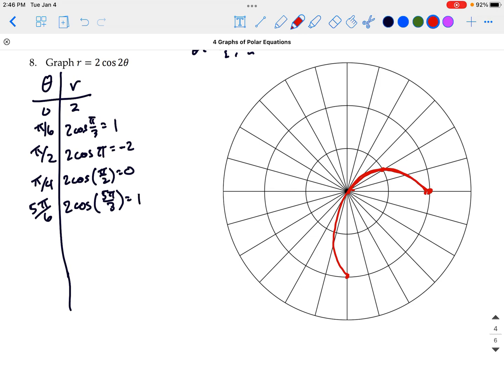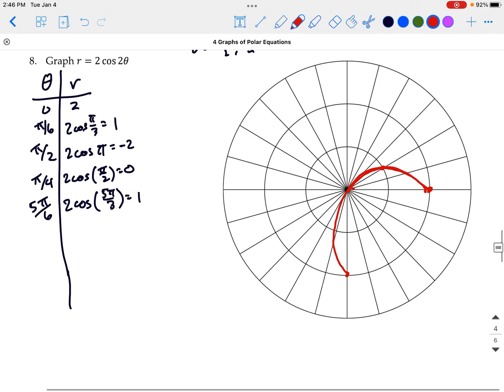So we'll be back at 1. So at 5 pi over 6, we'll be at 1.